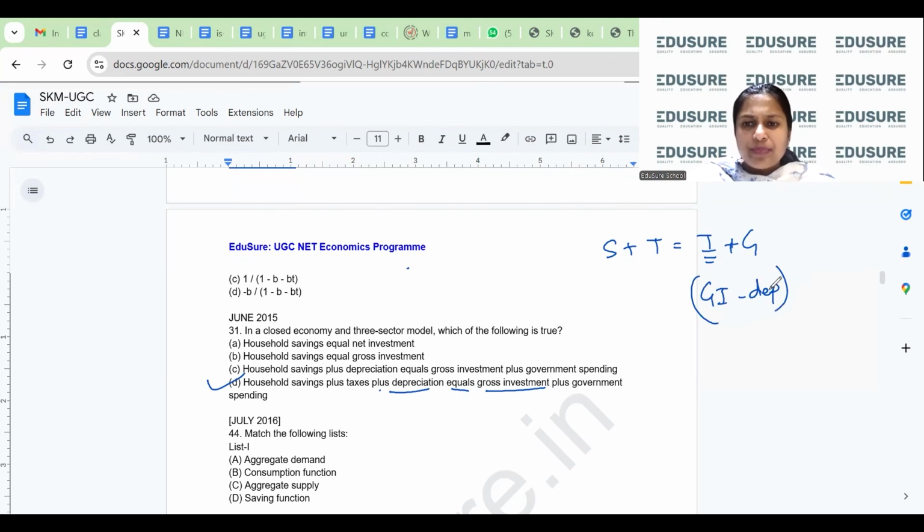So if you take this, you can take the depreciation to the other side. So this becomes savings plus taxes plus depreciation is equal to gross investment plus government spending. So this term investment here is net investment, right? So yeah, the answer should be D.